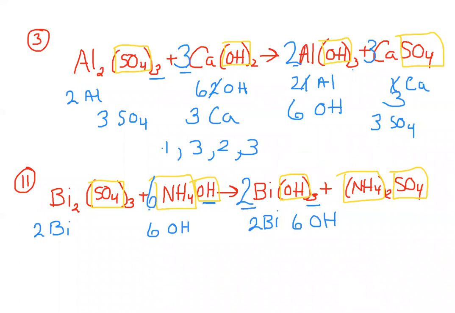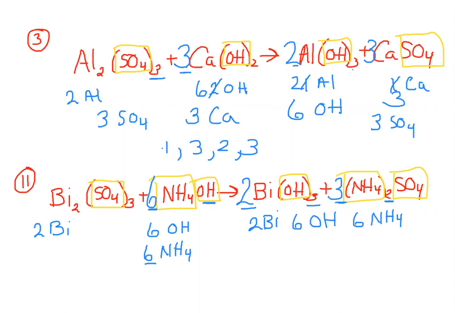And putting that 6 there gave us 6 NH4s. Over here on this side, we only have 2 NH4s. So in order to get 6 of them, we better put a 3 in front of it. 3 times 2 gives us 6 NH4. Putting that 3 there gave us 3 SO4s.